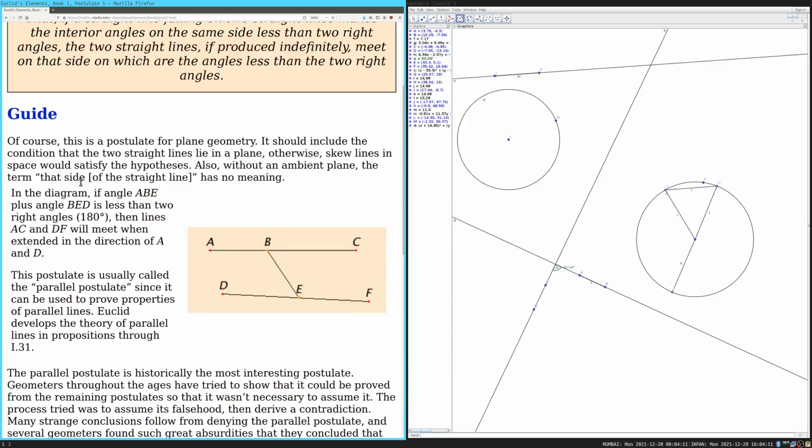So he's defining parallel lines by this idea.